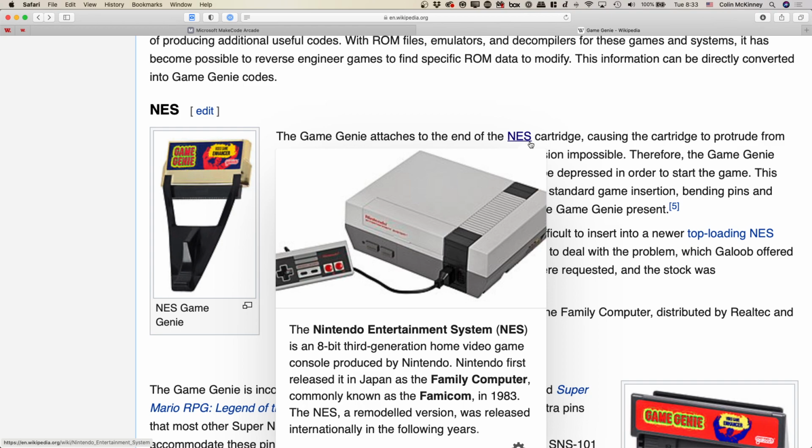So you could set it to be 99 or whatever, and then if you lost a life, the Game Genie would be like, nope, memory, I want you to be 99. And then you could have infinite lives. And then what came with it was like a book of different codes that you would enter that would tell the Game Genie what to do for specific memory addresses or whatever in various games.